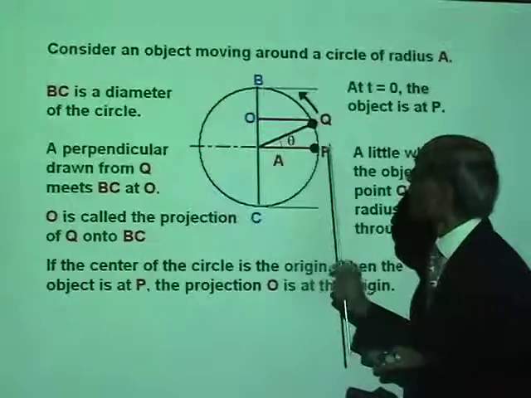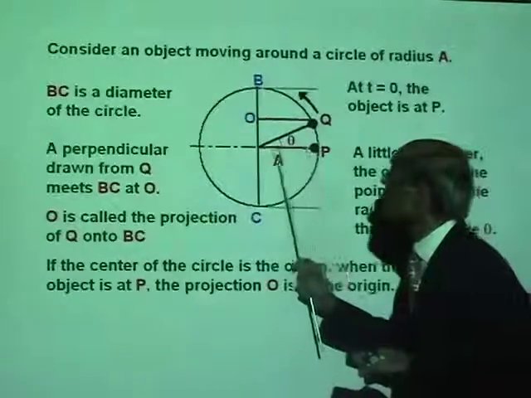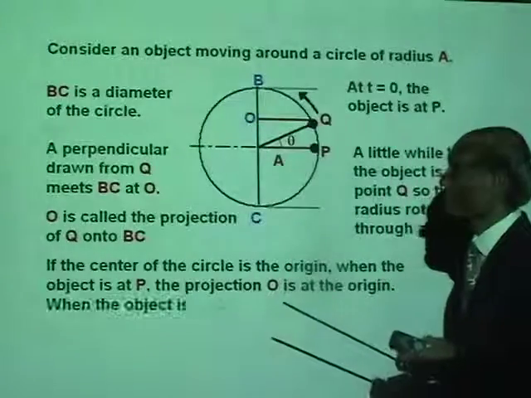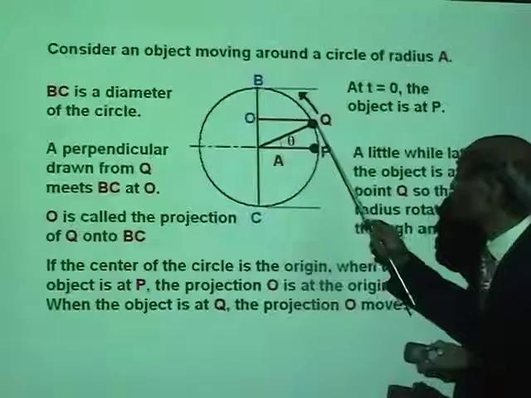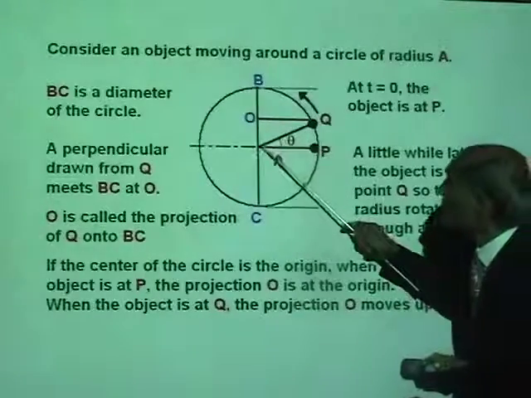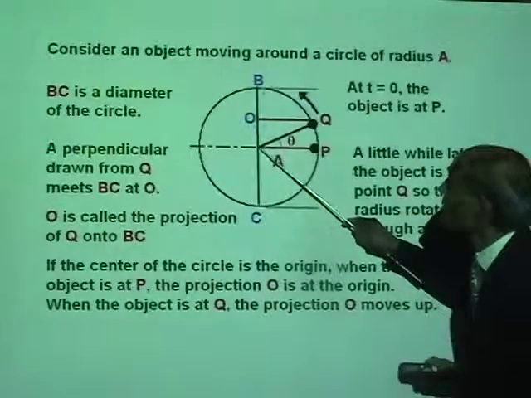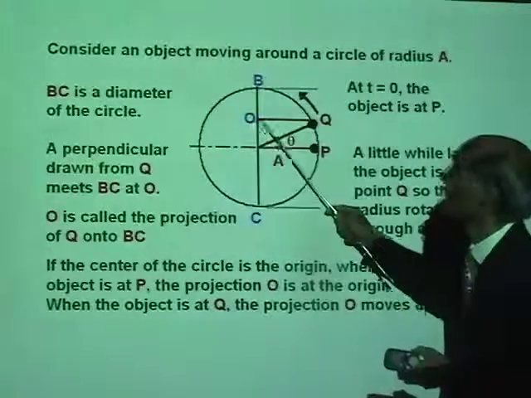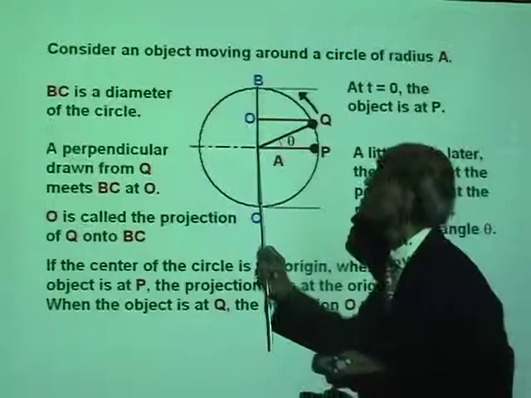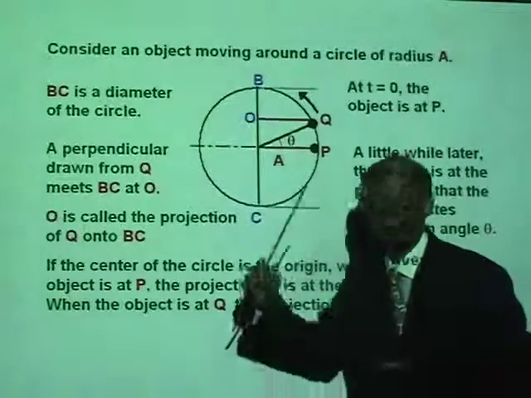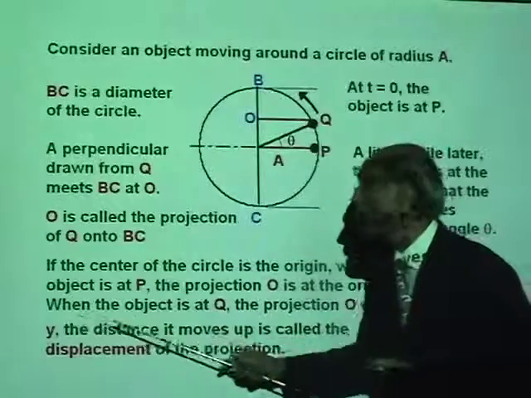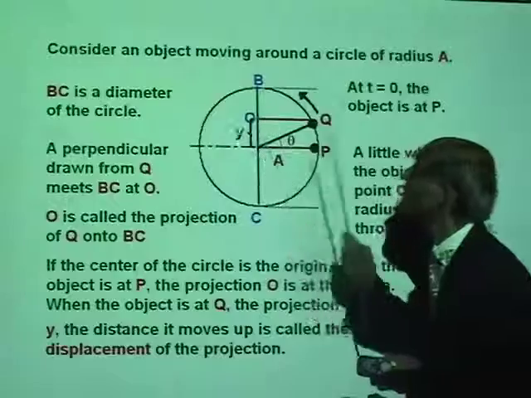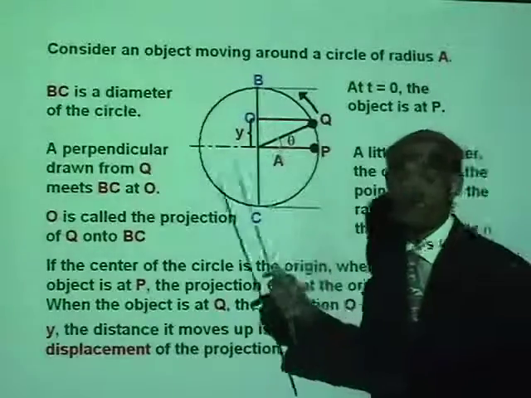So, when the object is at P, its projection is at the origin. When the object is at Q, the projection has moved from the origin to that position O. It has moved up. And this distance it moves up is called the displacement.